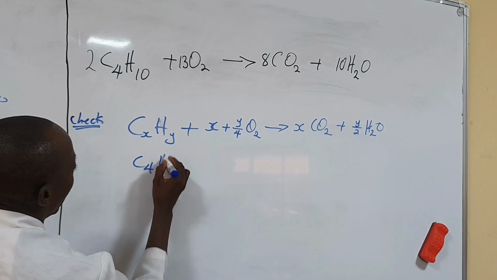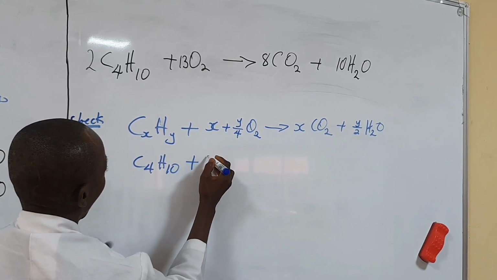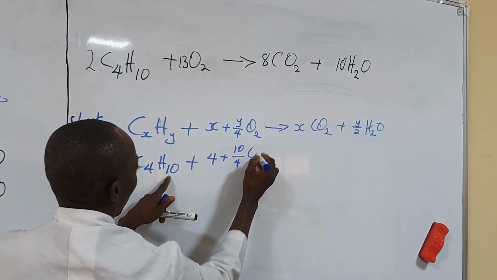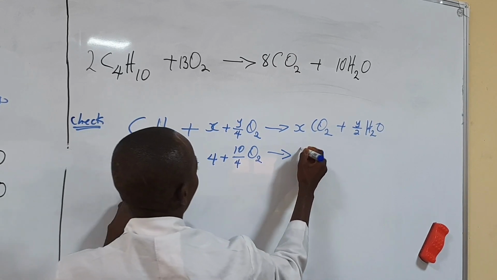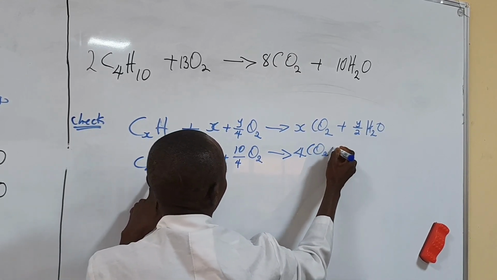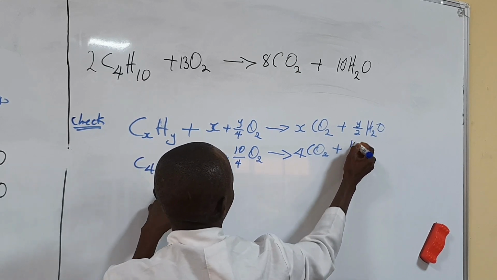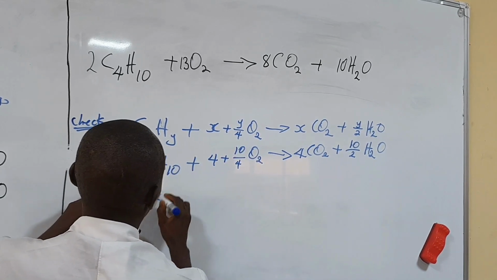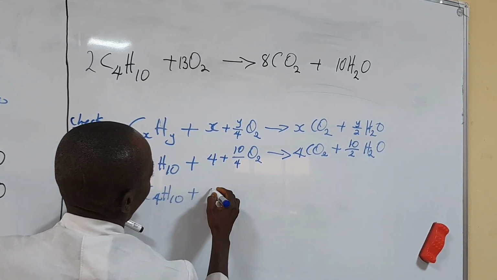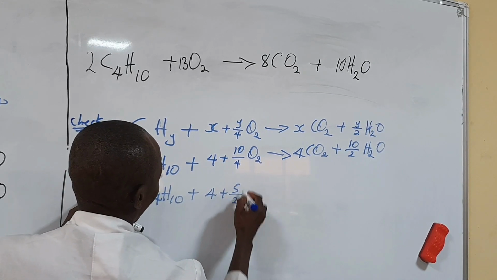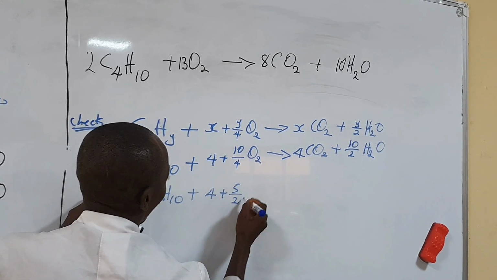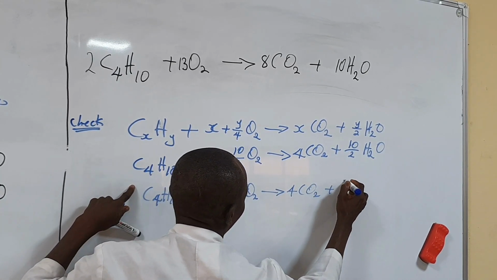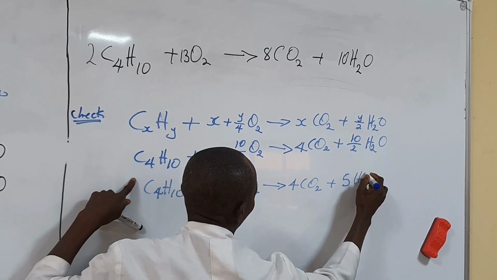So we have C4H10 plus 4 plus 10 over 4 oxygen atom to give you 4 moles of CO2 plus 10 over 2 of water, and this is C4H10 plus 4 plus 5 over 2, that is 5 over 2 of oxygen atom to give you 4 moles of carbon dioxide and 5 moles of water.